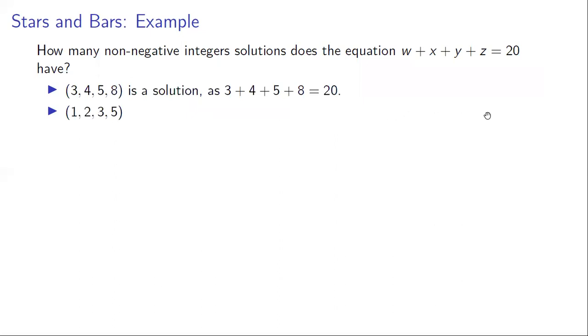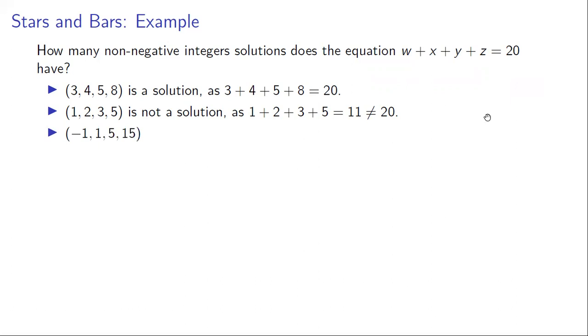Is this a solution? 1, 2, 3, 5. This is not a solution, as the sum is 11, not 20. How about this? Is this a solution? -1, 1, 5, 15. If you add it up, it equals 20. But it's not a solution because it contains a negative number. So we're only interested in non-negative solutions.